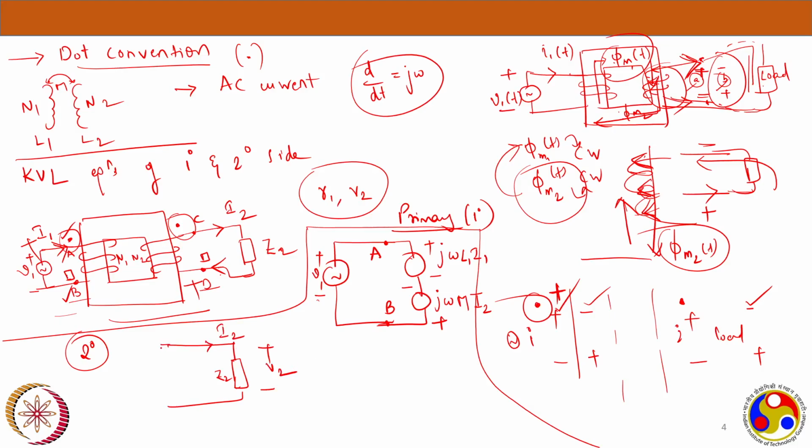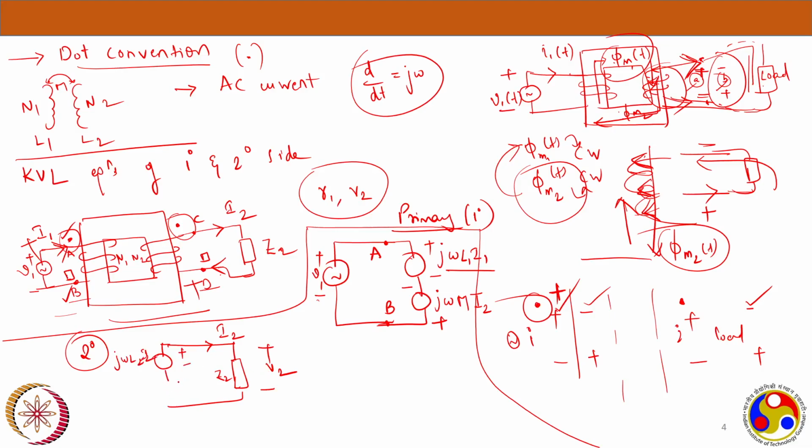And here again, I will have two voltage sources. One is due to the self-inductance, that is j omega L2 I2. Similarly, j omega L1 I1, I have j omega L2 I2. Polarity is the same, positive and negative, same as this one.